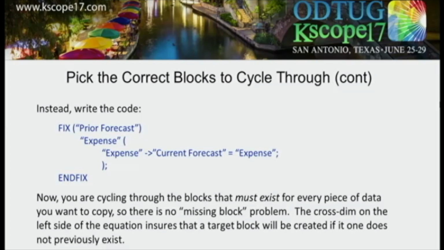This will create only the blocks you need. This is a wonderful technique. So, mantra, think about it: is there some place that all the blocks have to exist? If there are, cycle through that. I put a little green circle around that puppy.